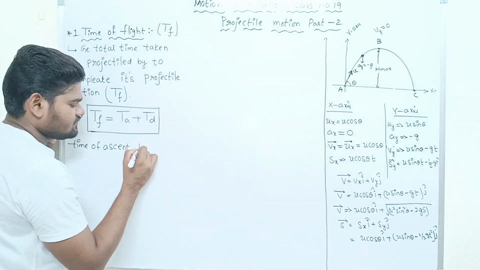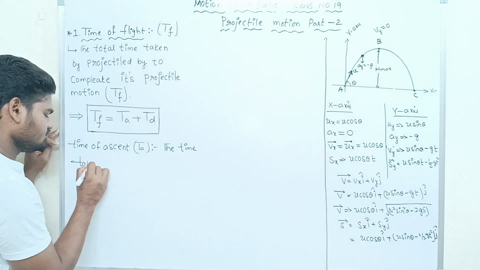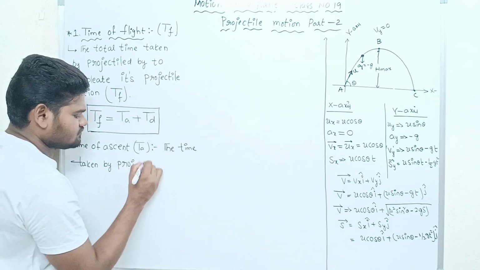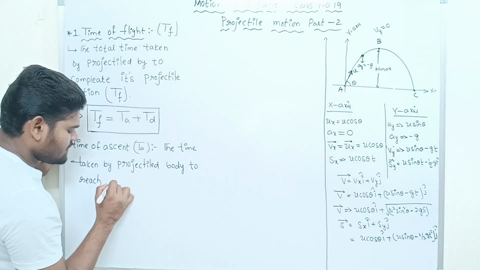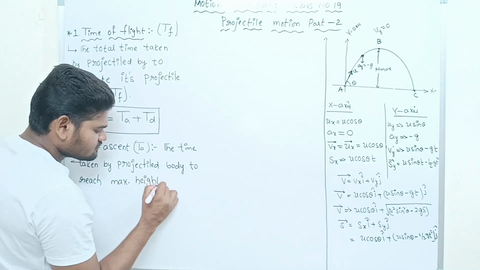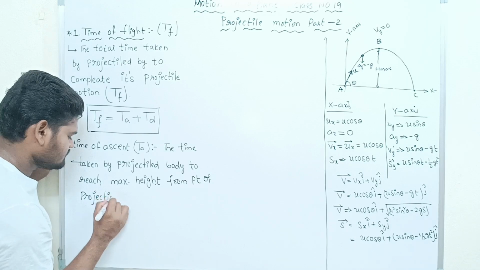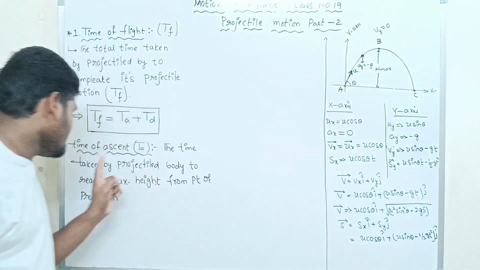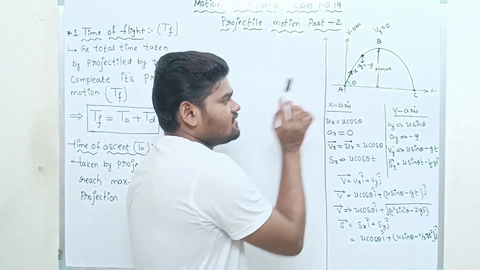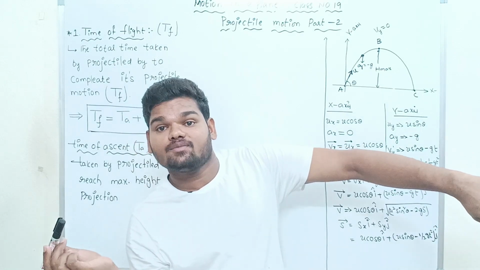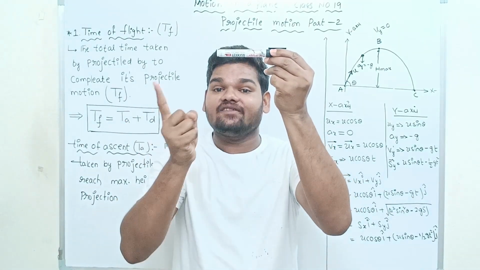Time of ascent, TA, is nothing but the time taken by the projectile body to reach maximum height from the point of projection.